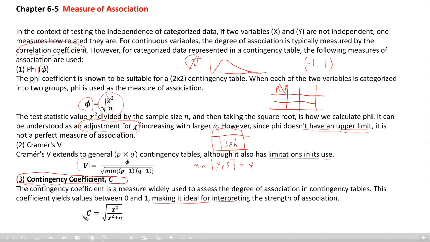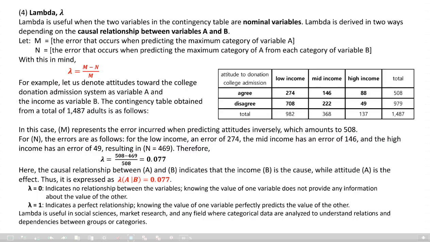So this contingency coefficient C is the square root of chi-square divided by the value of chi-square plus n, where n is the sample size. The fraction is less than 1, so the square root is also less than 1. Many people use this contingency coefficient C. You may see that coefficient in some report or presentation.